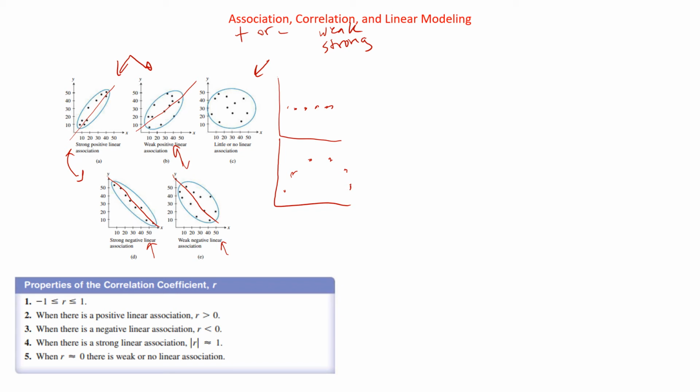Like you took an equation, you found a table from the equation, and you graphed those points. And then 0, we talked about 0 up with those ones. When it's positive, r is positive. When it's negative, r is negative. And the strong linear correlation means that the absolute value is about equal to 1. And then when it's 0, there's a weak correlation.